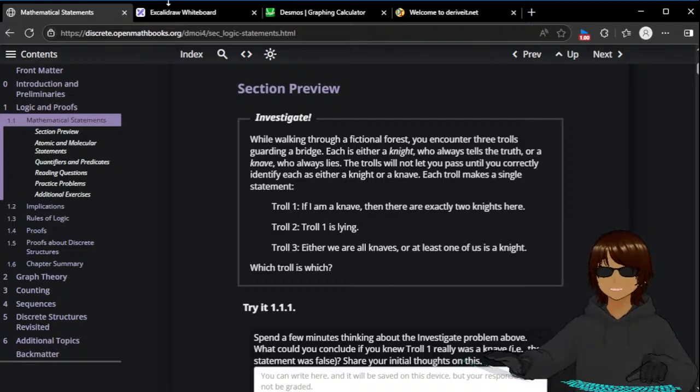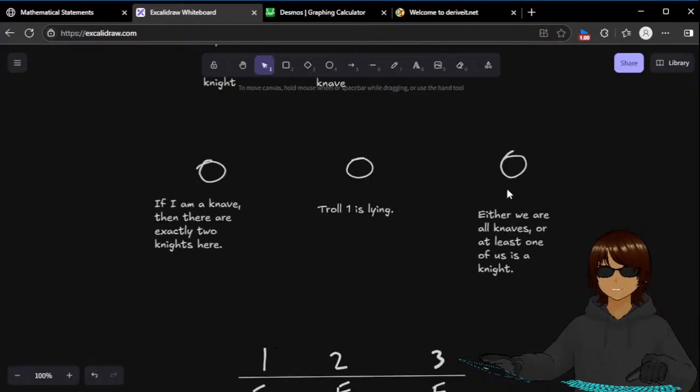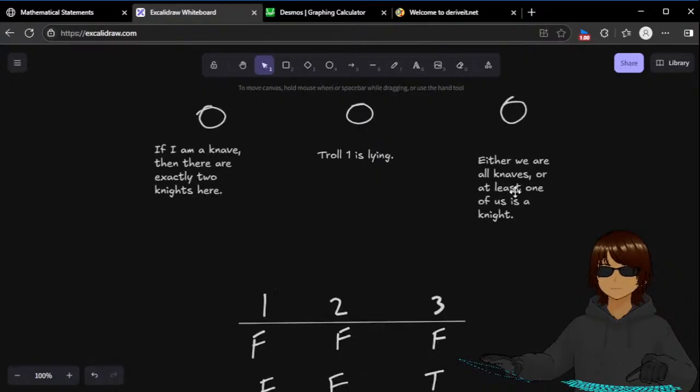Troll 3 cannot be a knave, right? It's not possible. This statement has to be true.